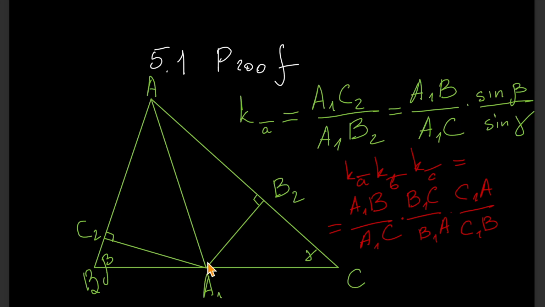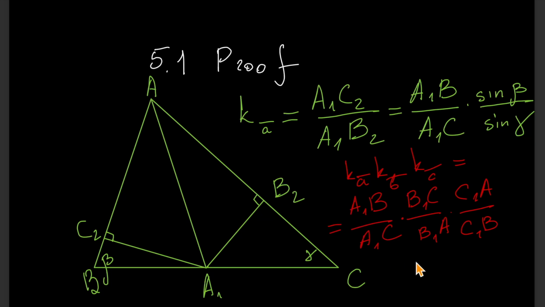And A1C times sine gamma is equal to A1B2. Great. So then, if we multiply these three coefficients, the sines actually cancel out and we obtain the expected result. Hence, if this is equal to 1, then this is equal to 1, and then the common point exists. And vice versa. If the common point exists, then this is equal to 1, and hence this is equal to 1.